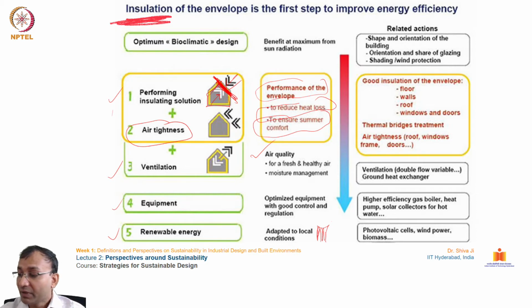On the last section, if you see here, a related action: the shape and orientation of the buildings can be improved, to maintain how much heat and radiation our building is going to receive in which direction. So based on that direction and based on the climatic situation and geographic conditions, we can reorient and reshape our buildings. So that is where the strategic design element comes into the picture.